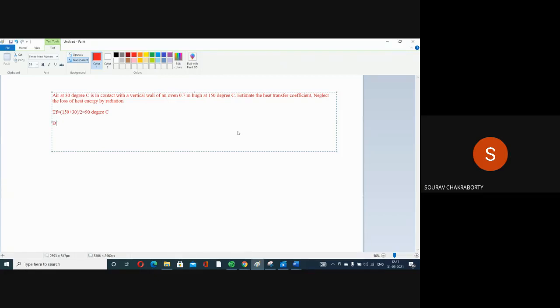The density value will be 0.9734 kg per meter cube. Then viscosity equal to 2.135 into 10 to the power minus 5 Pascal second. Then thermal conductivity K equal to how much?